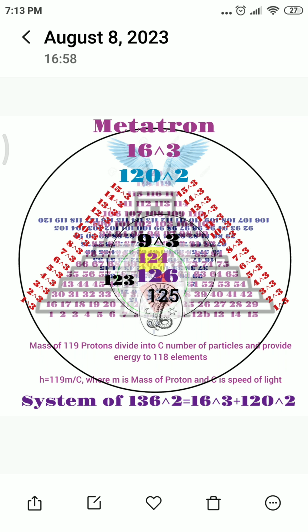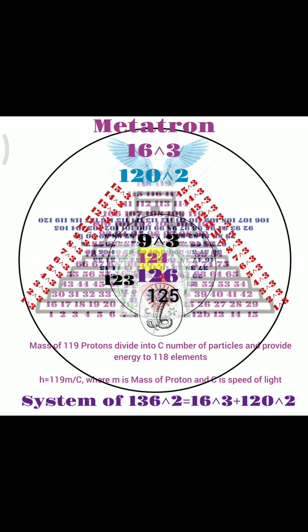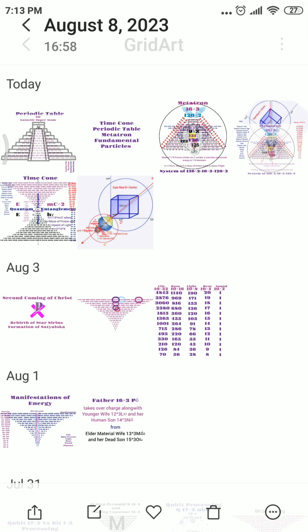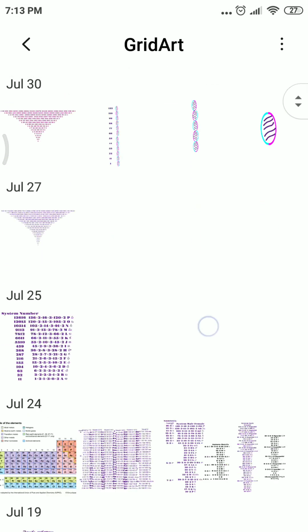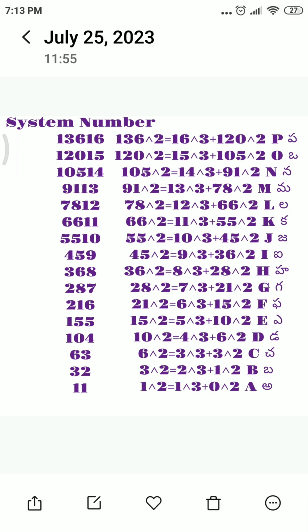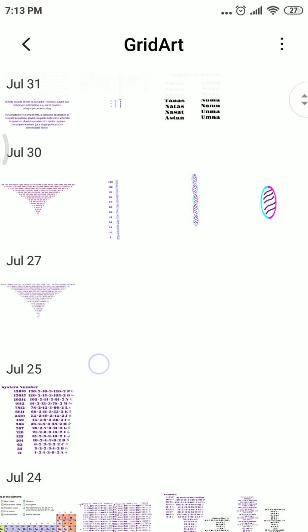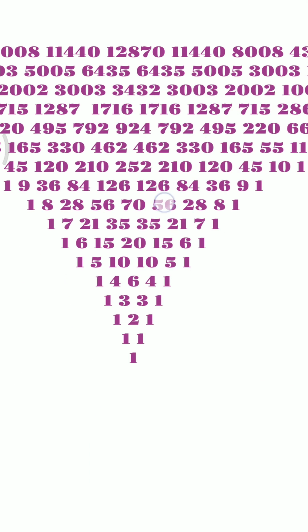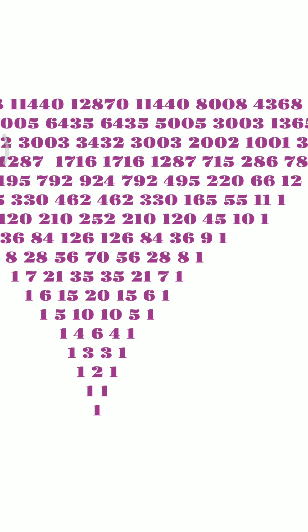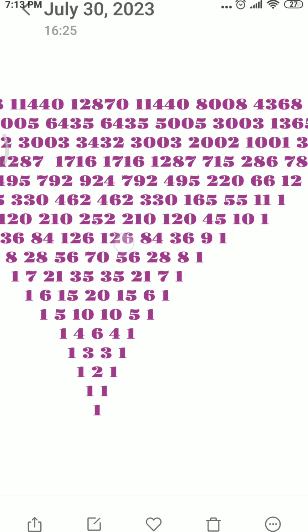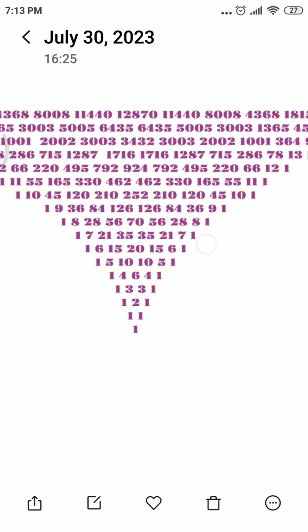At element 126, for the first time, the guy will be free of this material world, and he barely reaches here. If you go to this ninth level, not this one, here, if you see here, 126 is life.